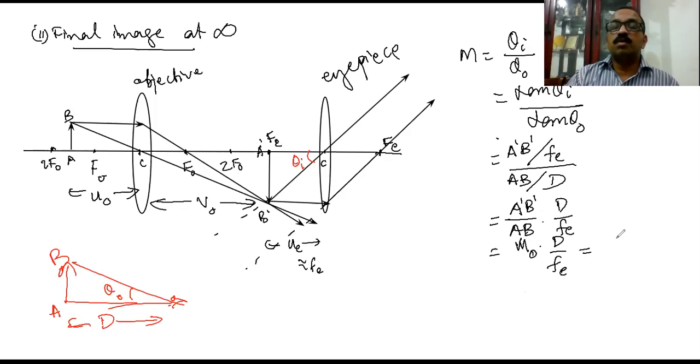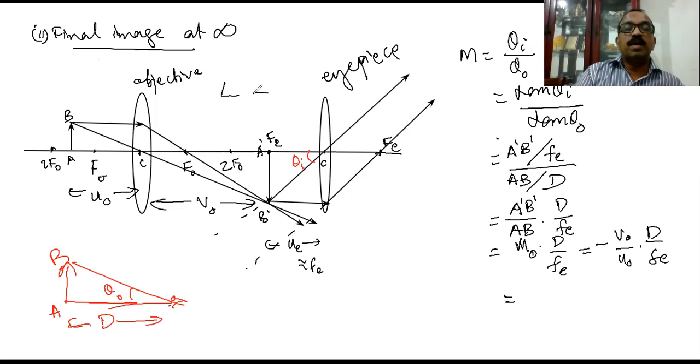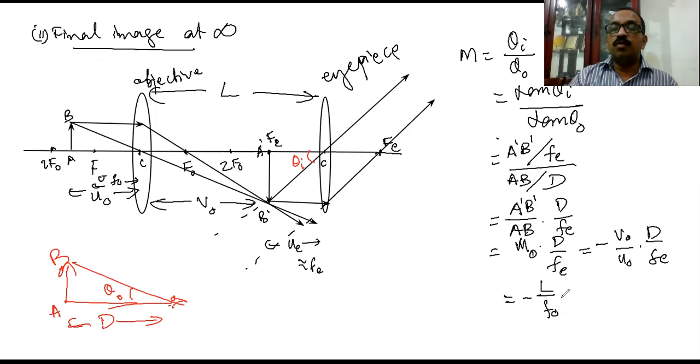Magnification by objective lens is minus VO by UO into D by FE. Again, as I said before, VO can be replaced by L and UO can be replaced by the focal length of objective lens, FO. They are approximately equal. So we can finally write the expression minus L by FO into D by FE.